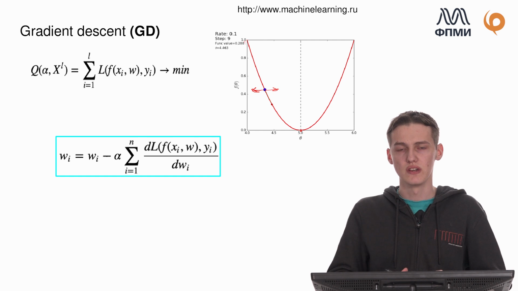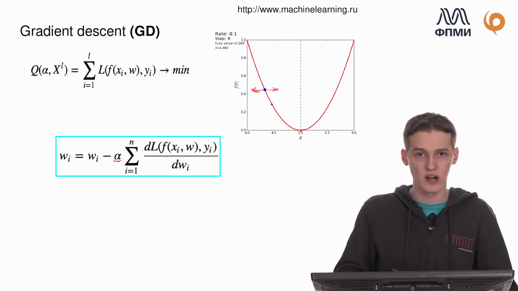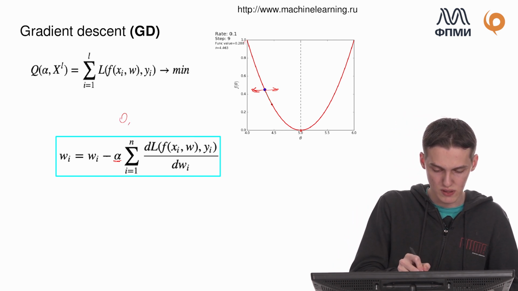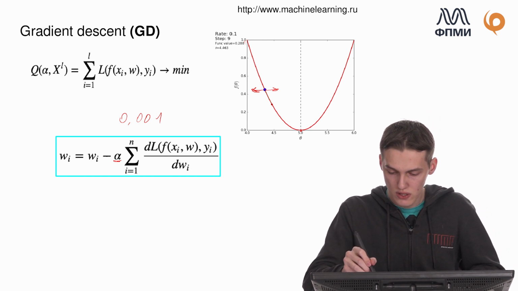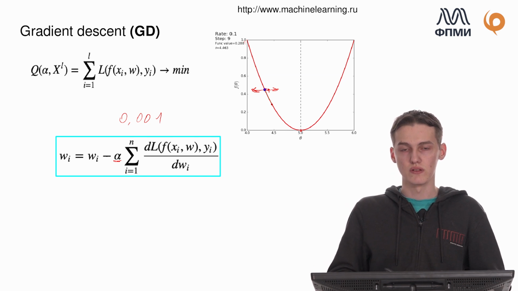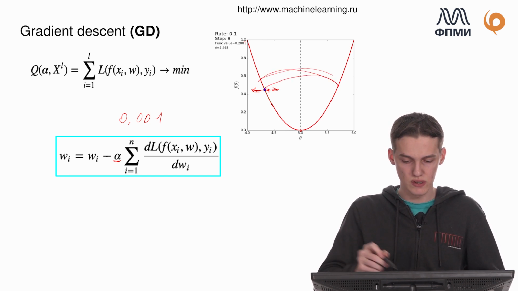It's worth mentioning that we have this term alpha. It's just some number like 1,000th, and it will shorten our step in some way. So we won't jump around like this.